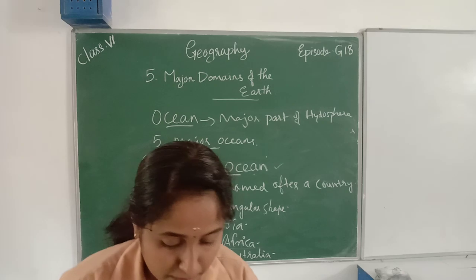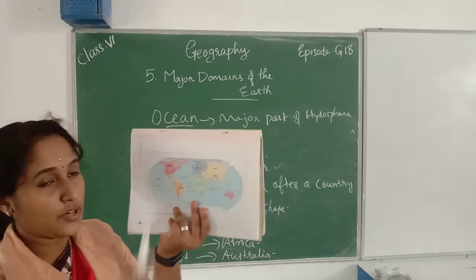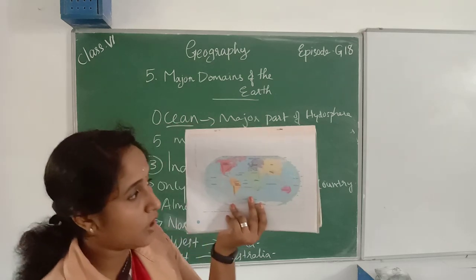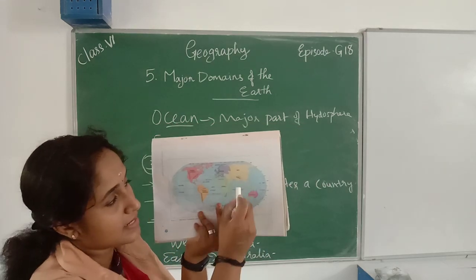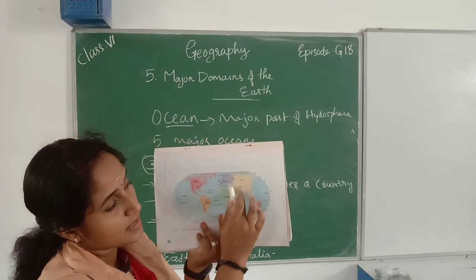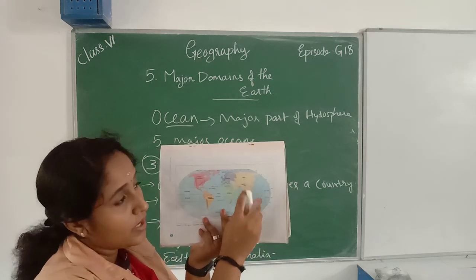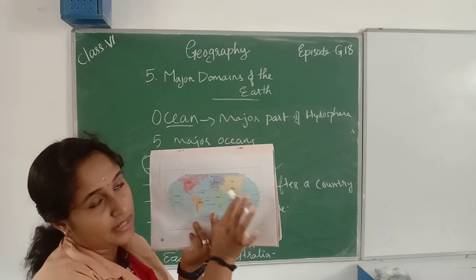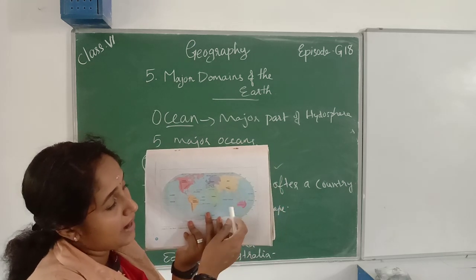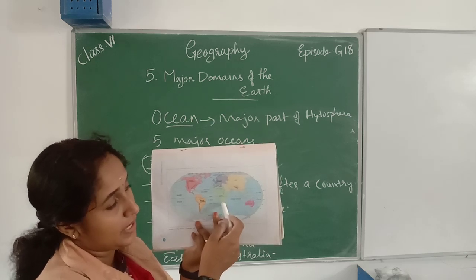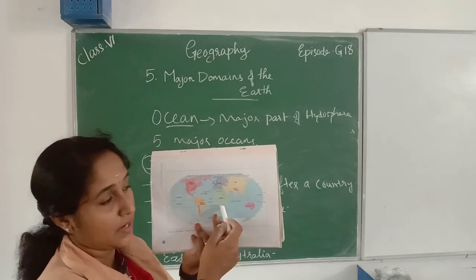Look at this map. This is the Indian Ocean. Clear? The north part of the Indian Ocean, we can find the Asian continent. And in the west part of the Indian Ocean, we can see the African continent.